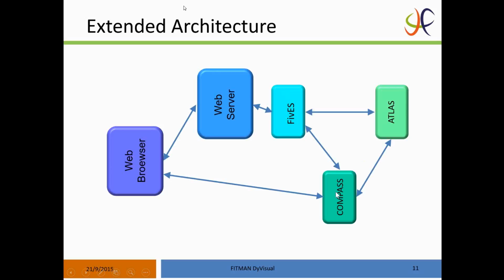And then DyVisual, which mainly uses FIVES, might get some input from Atlas or Compass as a scene, and you will see this later on, but it's meant to visualize dynamic changes in these predefined scenes. So it's mainly meant for doing simulation rather than the static description that is done by the 3D Web Viewer.